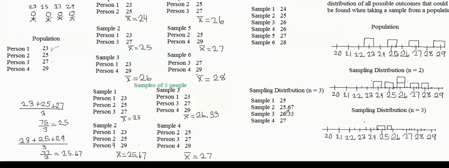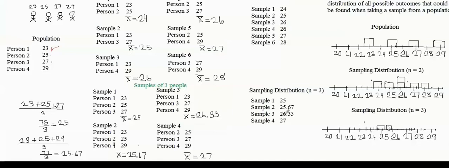And we also had another sampling distribution for the samples of 3 people. So what this histogram was showing is the means of all possible samples of 3 people, and there should actually be 4 boxes on here.